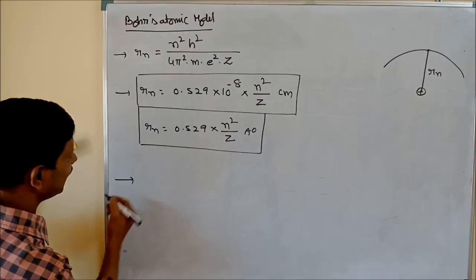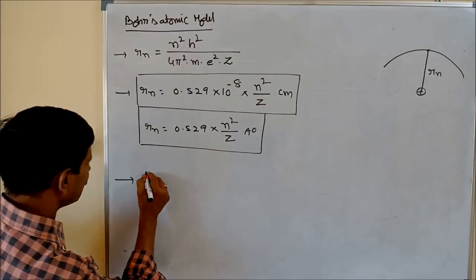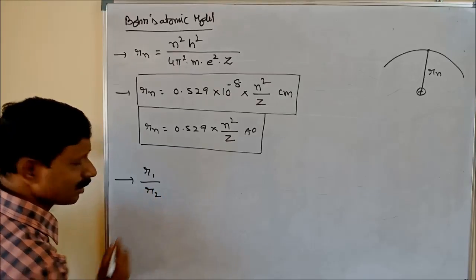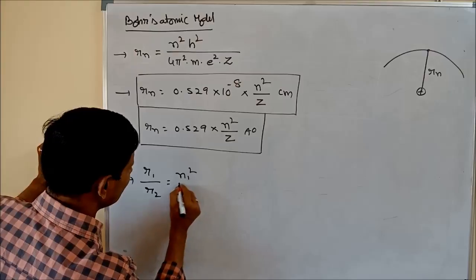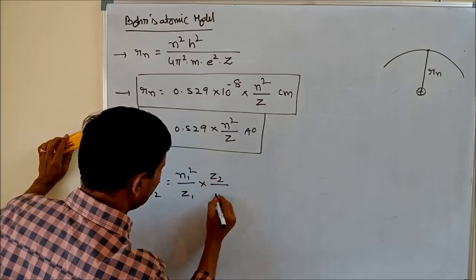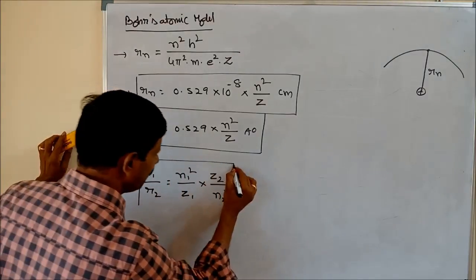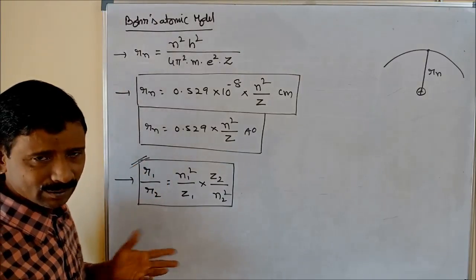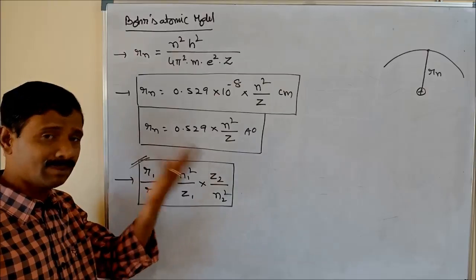According to this, Rn is proportional to n square by z. Therefore, R1 by R2, if you want to compare the ratios, is nothing but n1 square by z1 into z2 by n2 square. This is one of the important relations. They used to give the radius of one orbit and you have to find the radius of another one.